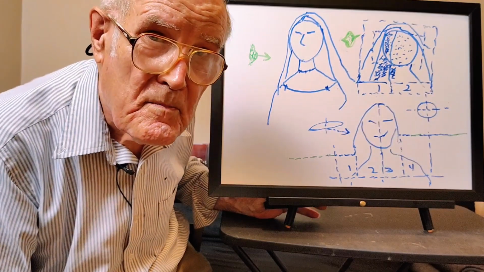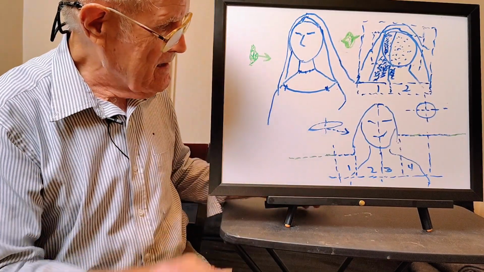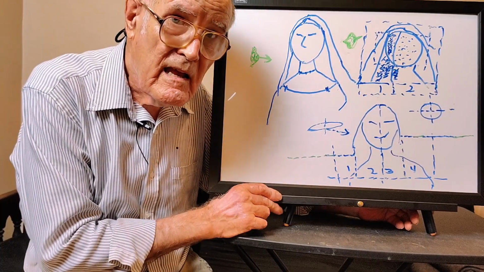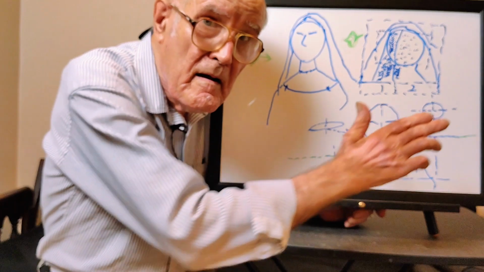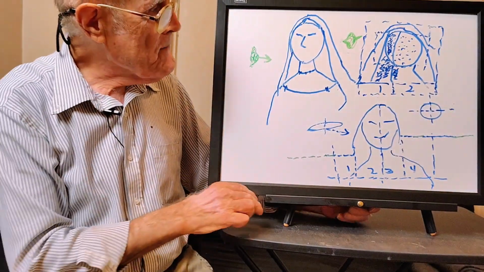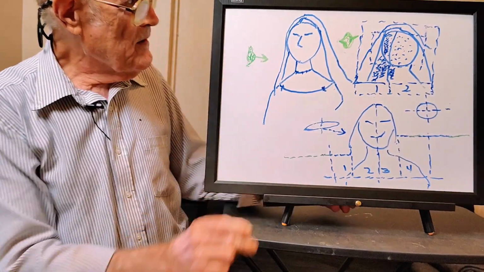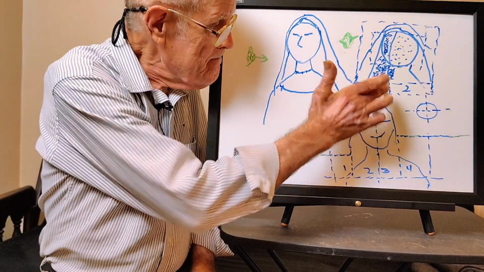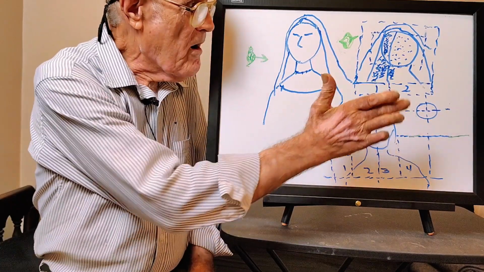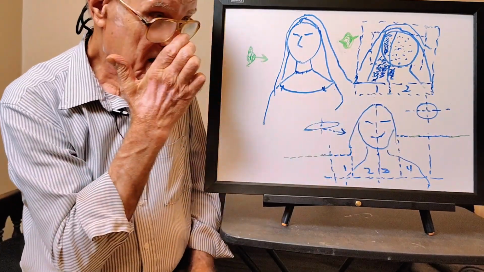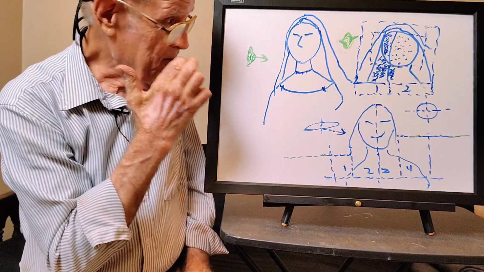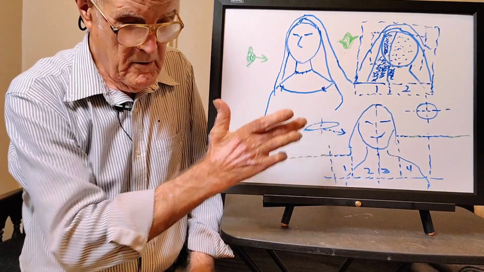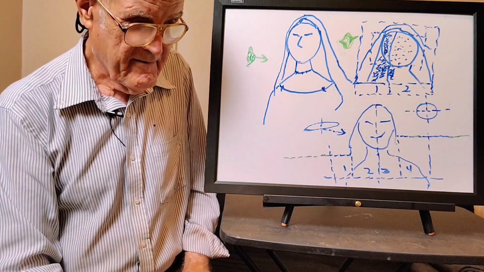This is a couple of simple pictures, but a very complicated explanation. I hope I get all this in here. So here I have 3 representations. These 2 are simplified models of the woman who is in La Velata.